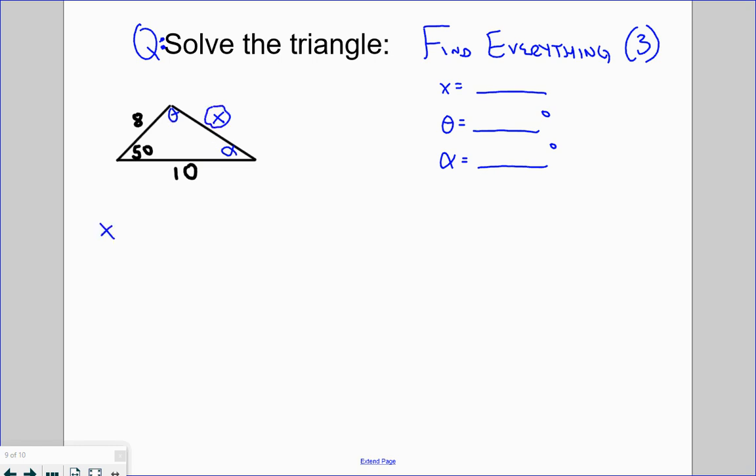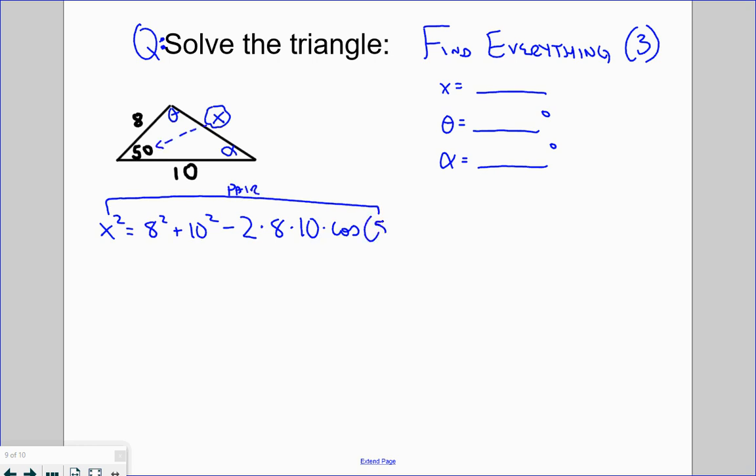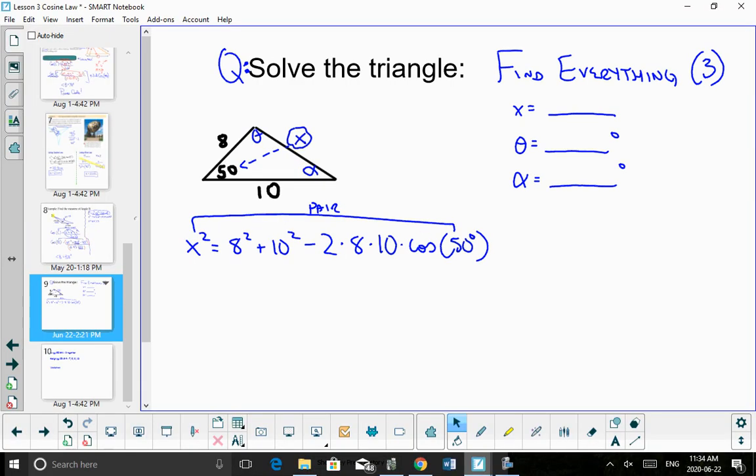So c squared equals a squared plus b squared minus 2ab times cos, and remember, this is the pair. So what pairs up with x? 50 degrees. When you plug this into your calculator, you have to remember to square root for that second step.